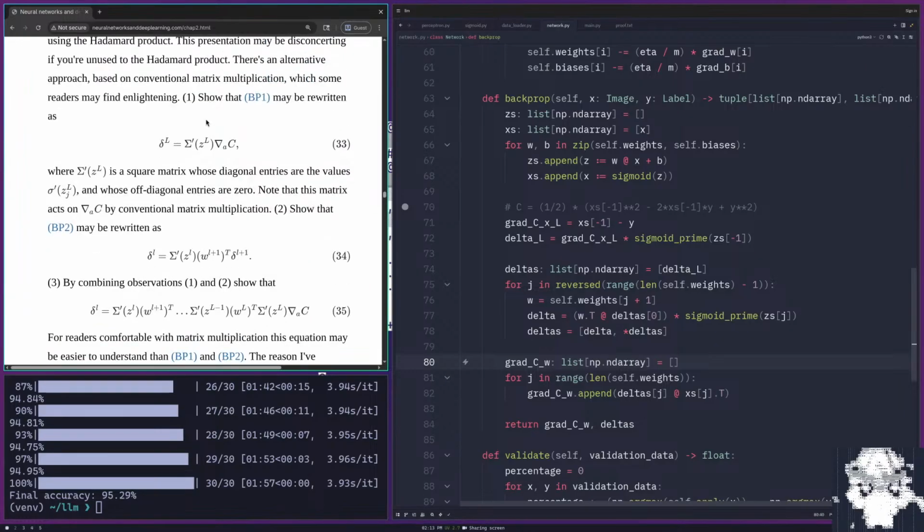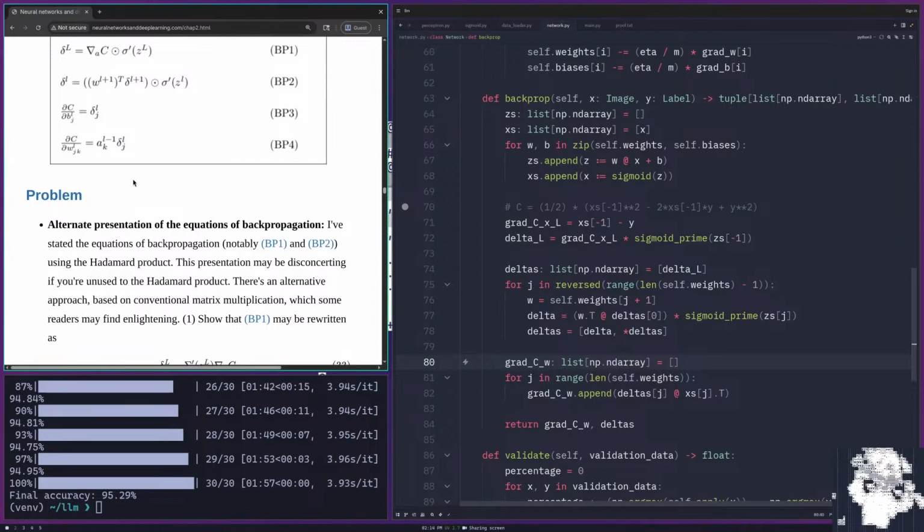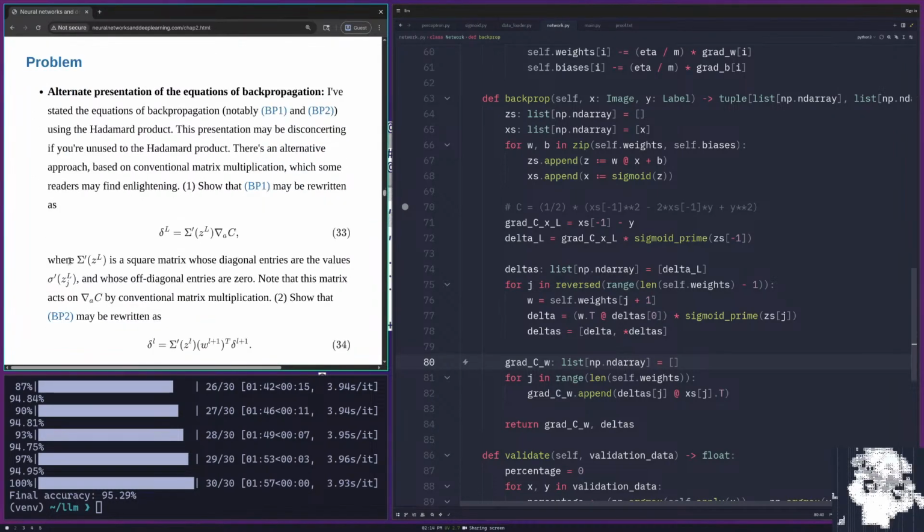1. Show that BP1 may be rewritten as delta L equals capital sigma prime of Z of L, gradient A of C, where capital sigma prime of Z of L is a square matrix whose diagonal entries are the values sigmoid prime of Z of L, and whose off-diagonal entries are 0.